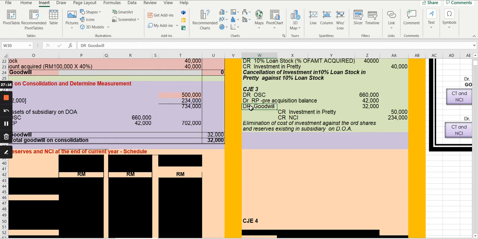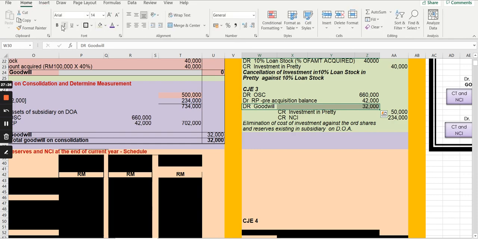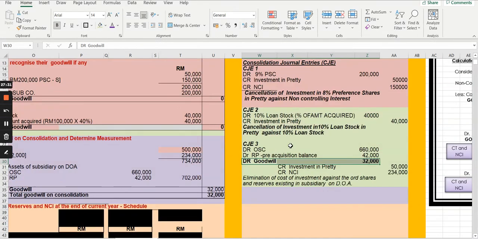Remember, we acquired on 1st of January X3. And debit the goodwill on consolidation 32,000. This is to record the goodwill, and to show that goodwill only arises during acquisition of the so-called ordinary shares.